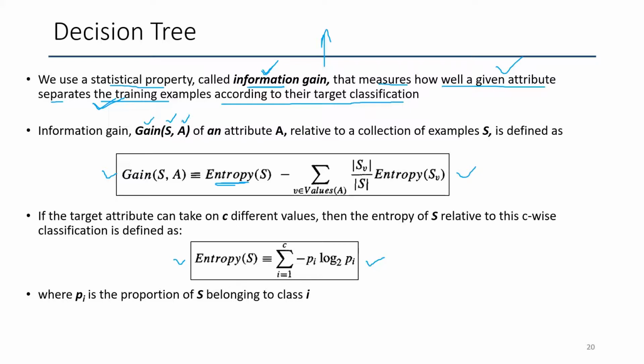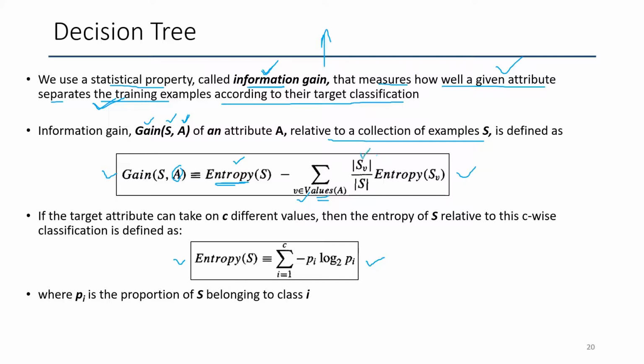So the gain of attribute A relative to a collection of examples S is defined by Gain(S, A) equals entropy of S minus summation over v belongs to Values(A). Values(A) means the possible values of attribute A. If you consider temperature, Values(A) has three values: hot, mild and cold. So we have to take a summation over all possible values.